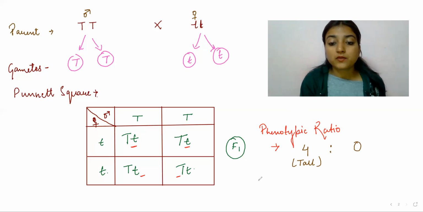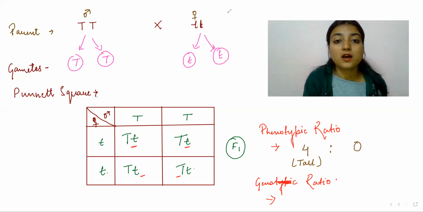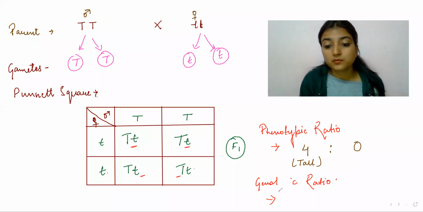Now we will write the genotypic ratio. Genotypic ratio is the genetic makeup of the possible genotypes of the offspring.